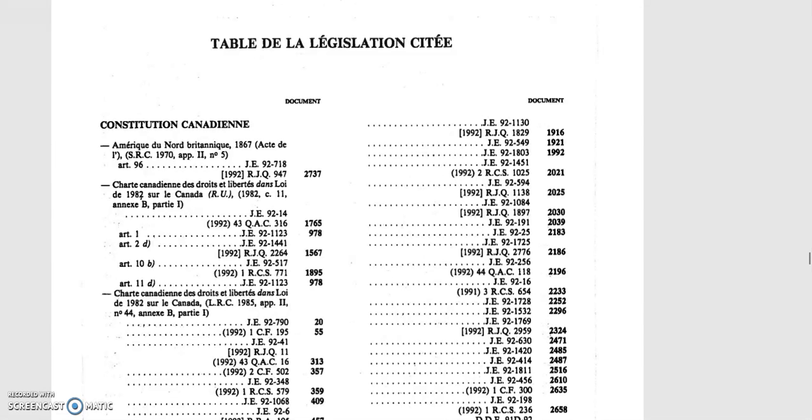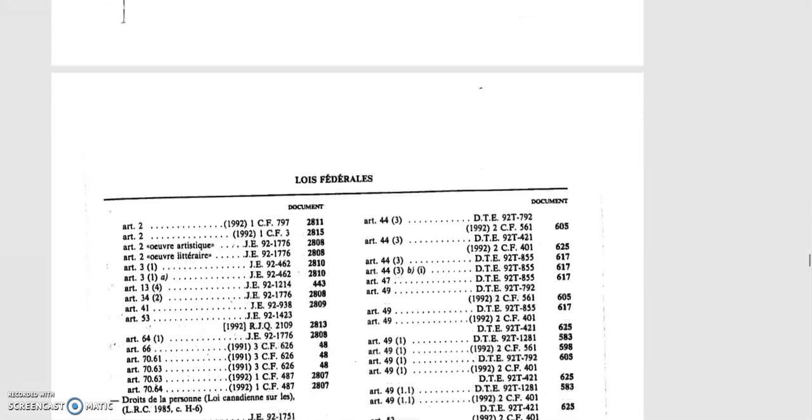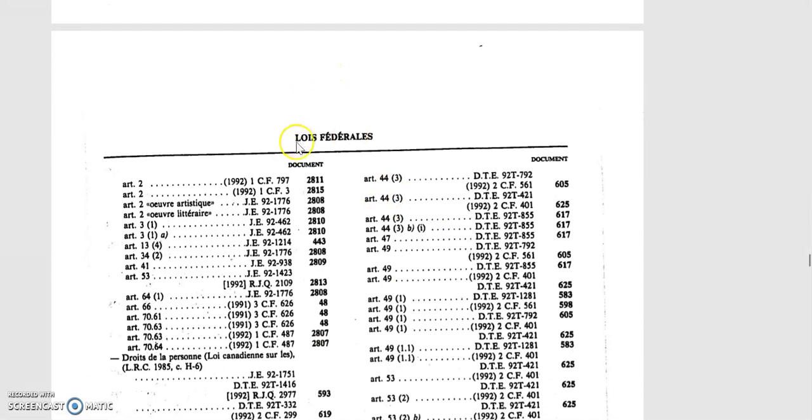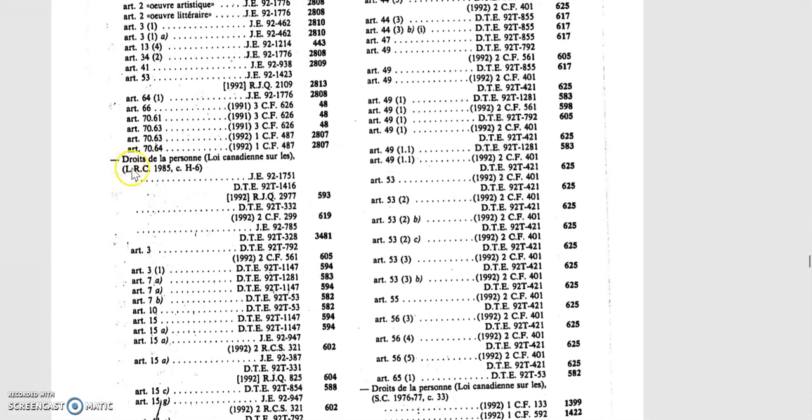And then all the other laws are divided either by provincial or federal. I'll show you. This is the first page. But then after, see, you have loi fédérale and all the federal laws that are cited in decisions for that given year are in alphabetical order. Okay?